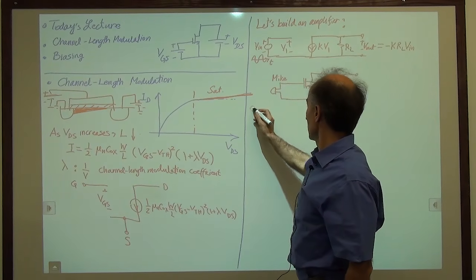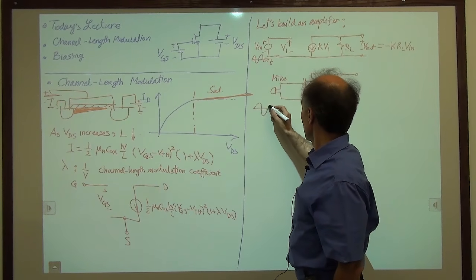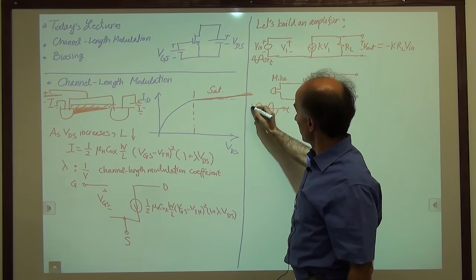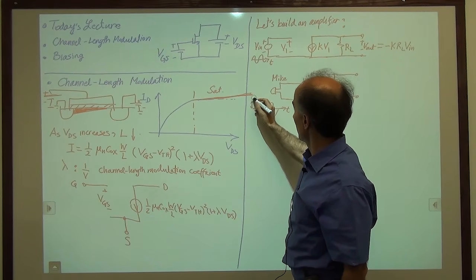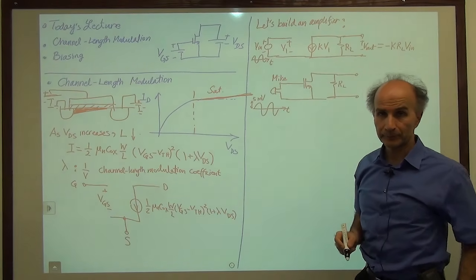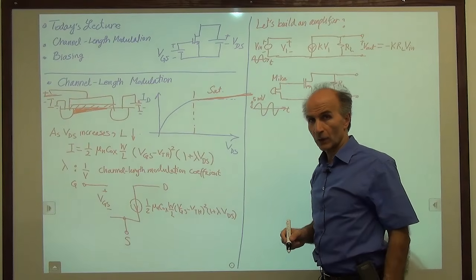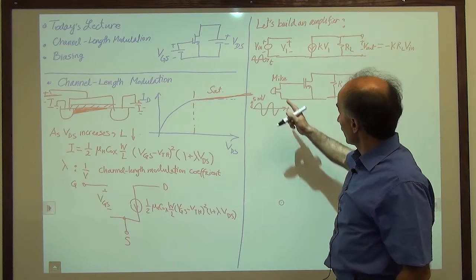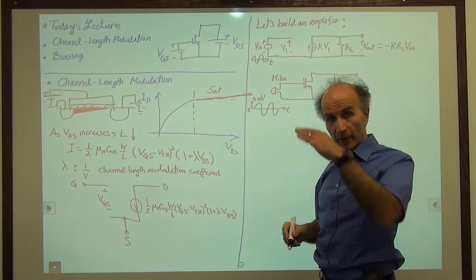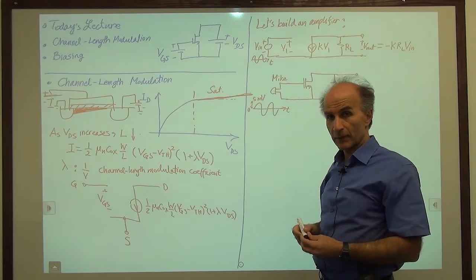And again, this microphone signal looks like this. It has a signal that goes up and down like this. And it has some amplitude, some peak amplitude, let's say 5 millivolts. Just as an example. Okay. Now the microphone signal starts from 0, goes up by 5 millivolts, and goes down by 5 millivolts, around 0.